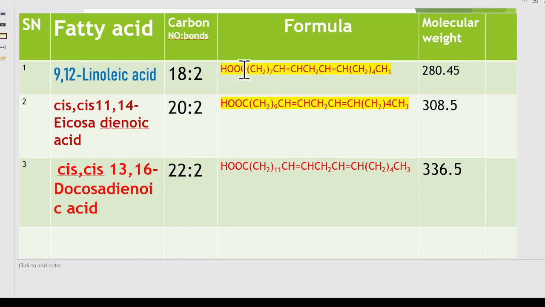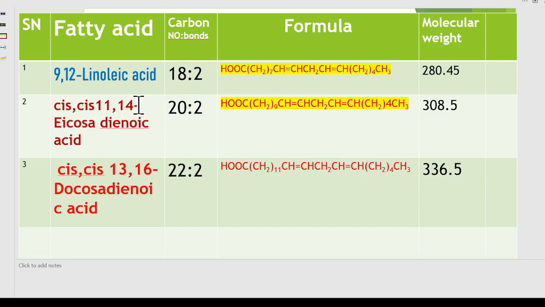So first carbon, 7 carbons, 8 and 9th, between 9th and 10th. Again 11, 12 and 13. So these two double bonds are, first one between 9 and 10, second one between 12 and 13, and this linoleic acid is in cis configuration. And its molecular weight is 280.45.